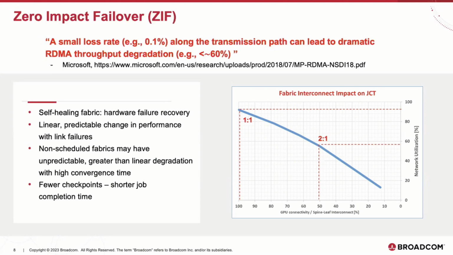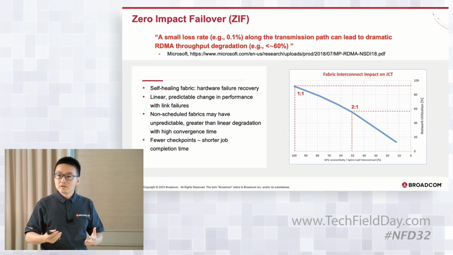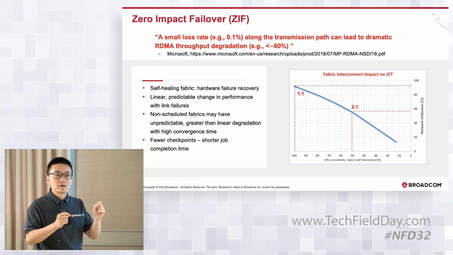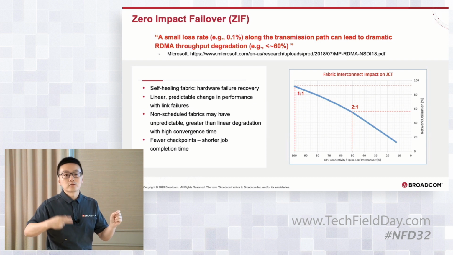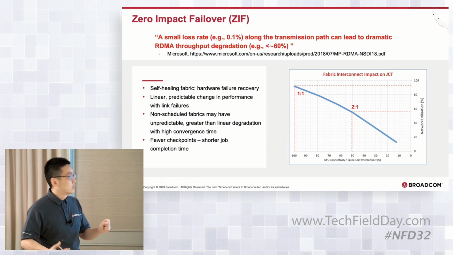So this is a highly predictable and linear impact caused by the failure. For the alternative solution, especially the example in the Microsoft case, this is fully nonlinear. You have a small percentage of failure, but the impact is exaggerated to a much bigger scope.